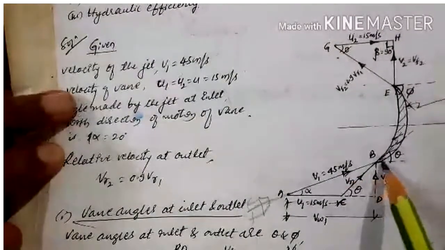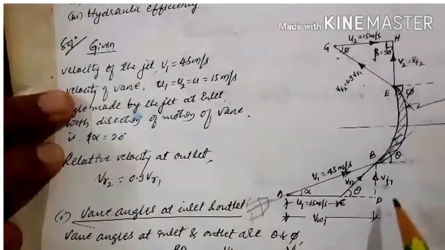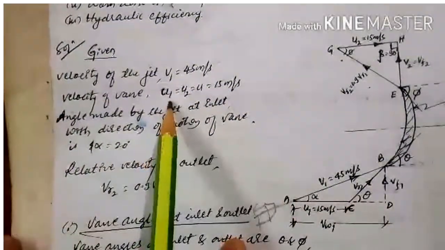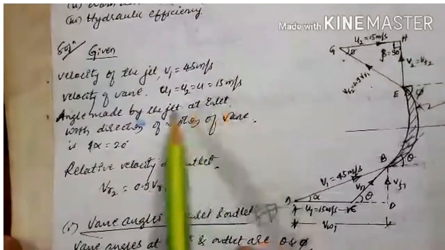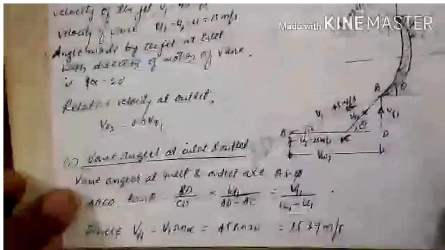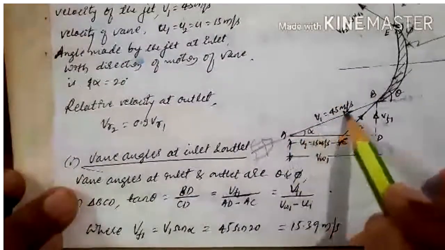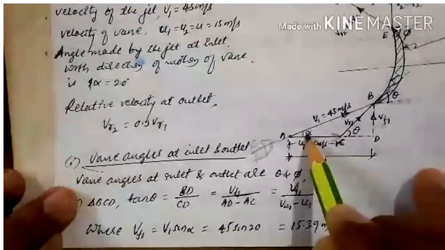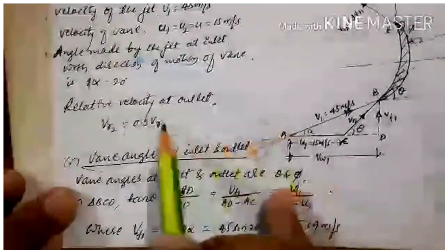When it strikes, the vane starts moving, that is the vane velocity u is given, u1 equal to u2 equal to 15 meter per second. The angle made by the jet at inlet with the direction of motion of vane, that is alpha, is also given, that is 20 degree.